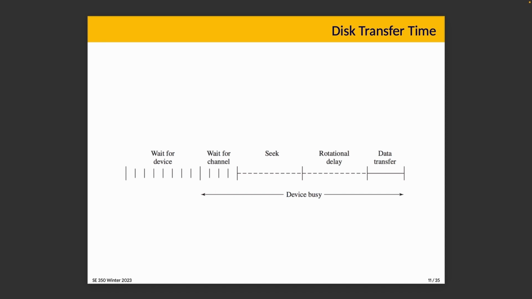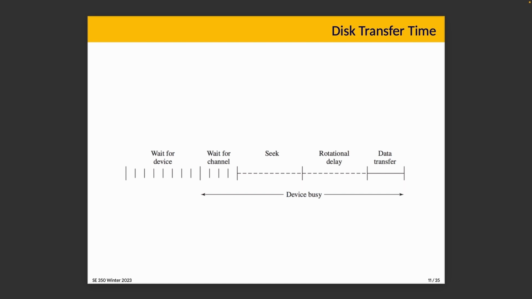And then there is the seek time, which is moving the arm to the correct location, so finding the correct track that we are interested in. And then there is the rotational delay, which is to say that when we arrive at the correct track, the piece of data that we're looking for might not be directly under the read head right now. We might have to wait for the disk to spin a little bit more to actually get here.